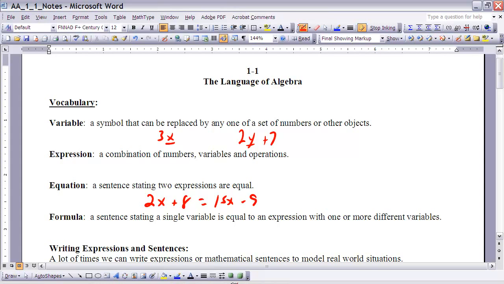But an example of a formula would be the area of a rectangle is equal to the length of that rectangle times the width of that rectangle. We have one variable, A, for area, is equal to the product or the sum or any amount of operations involving one or more other variables, in this case length and width.